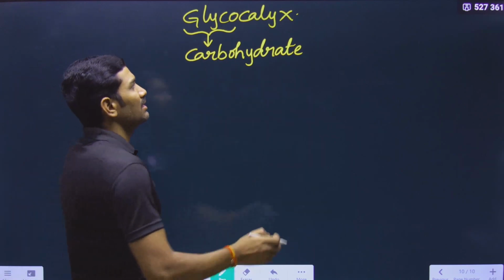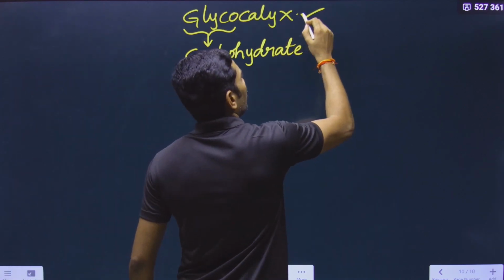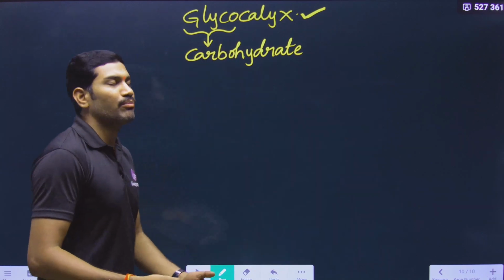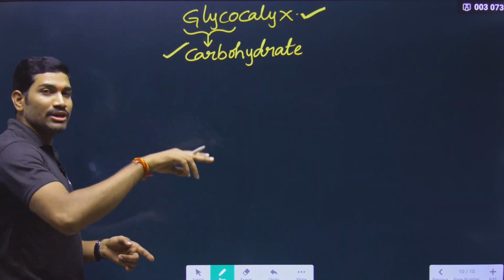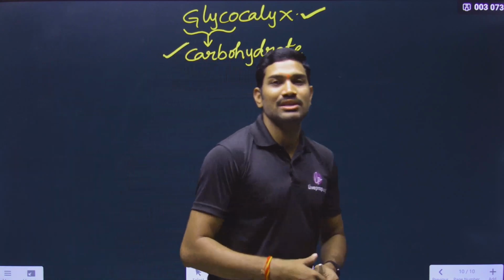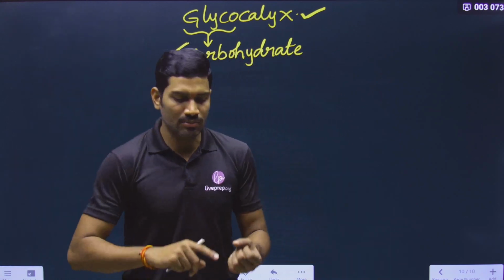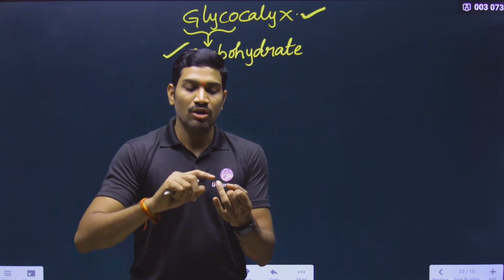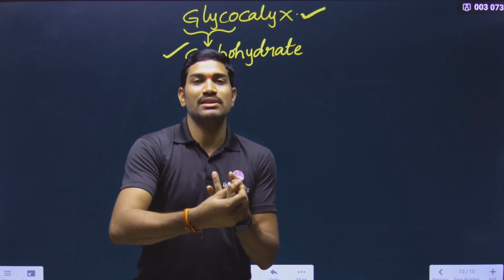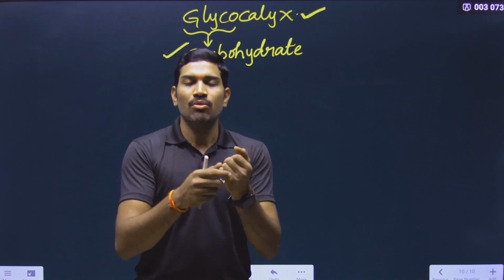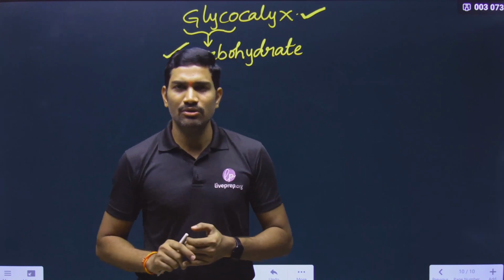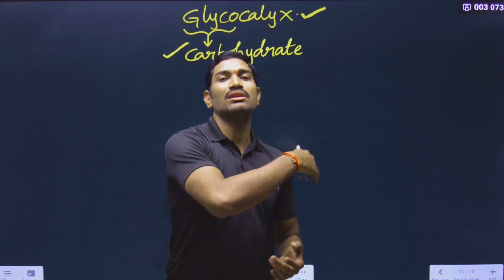That means this glycocalyx layer of the bacterium is made up of, or is rich in, carbohydrates. In carbohydrates also different types are there. In the biomolecules chapter we will study about this. What are the different types of carbohydrates? Monosaccharides, oligosaccharides and polysaccharides. Within the oligosaccharides, 2 to 10 units are present. Monosaccharide means only a single unit. Polysaccharide means more than 10 units are present.